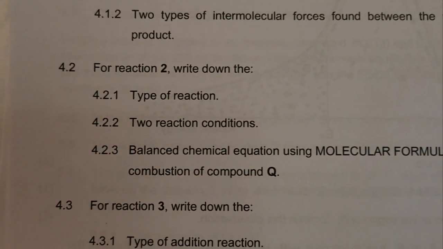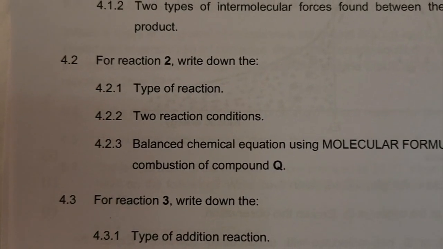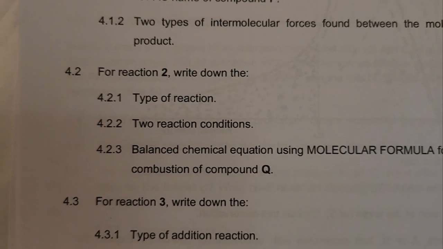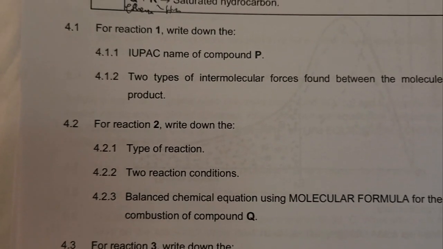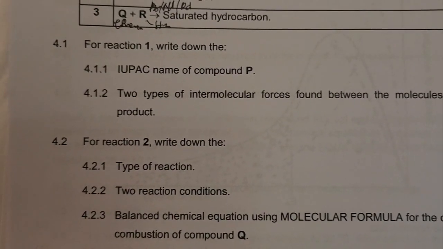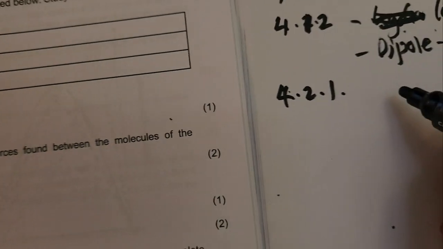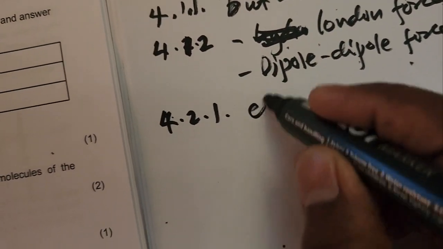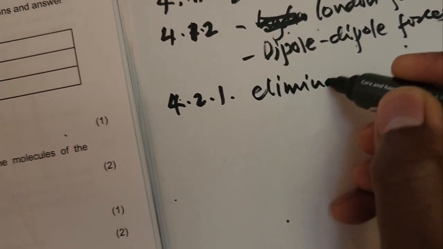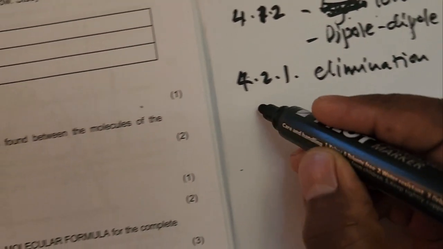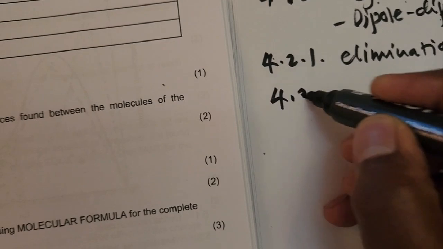And then 4.2. Now it says for reaction 2, write down the type of reaction. So reaction 2 is elimination. Therefore, that will be your typical elimination, because we are forming an alkene. 4.2.2.